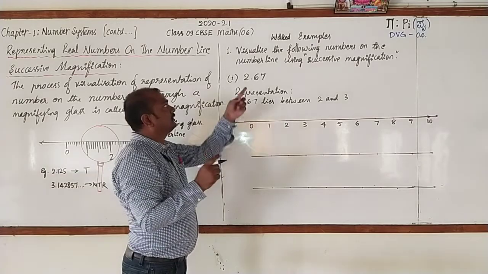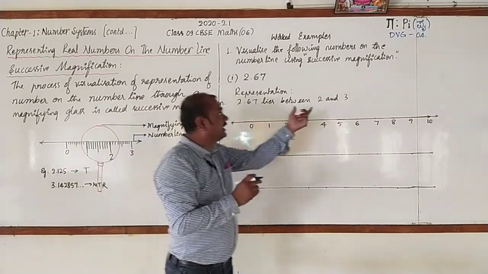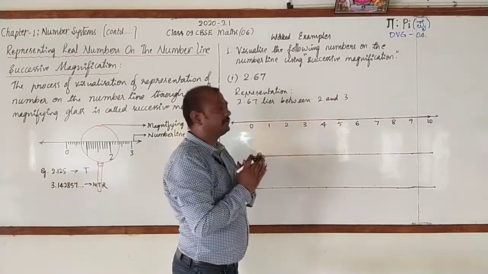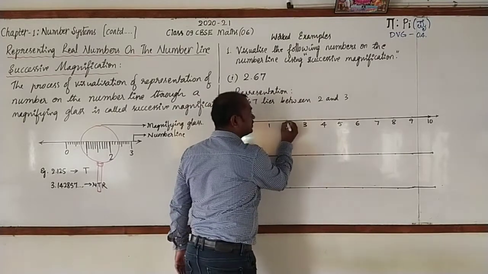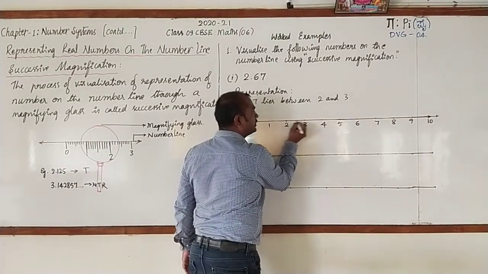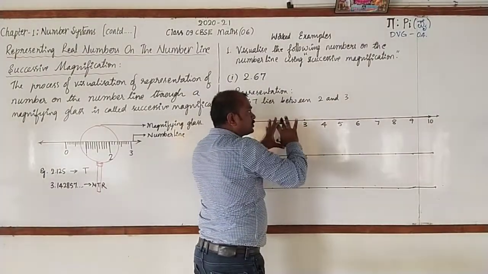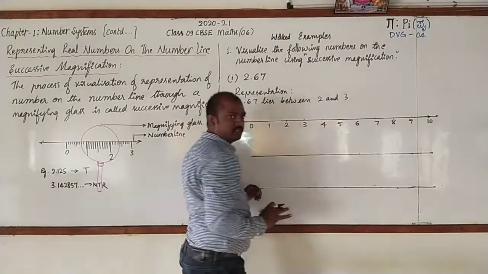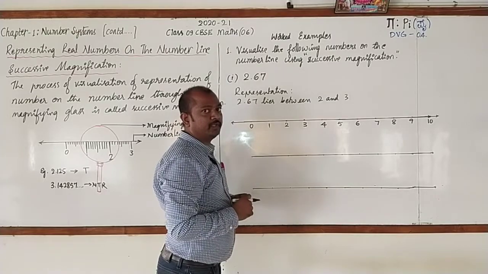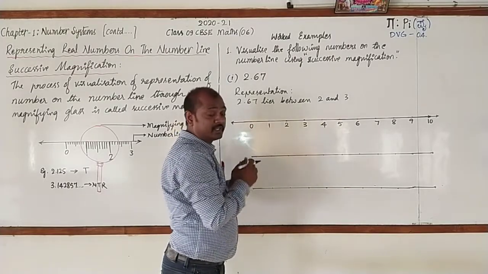We know that the given decimal number lies between 2 and 3. I select the points which represent 2 and 3. So 2.67 lies between these two. Now I am going to enlarge it using a magnifying glass. I will draw that magnifying glass later.